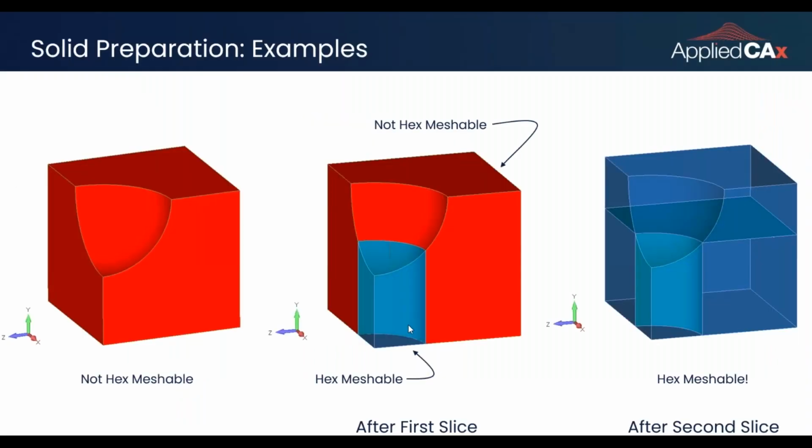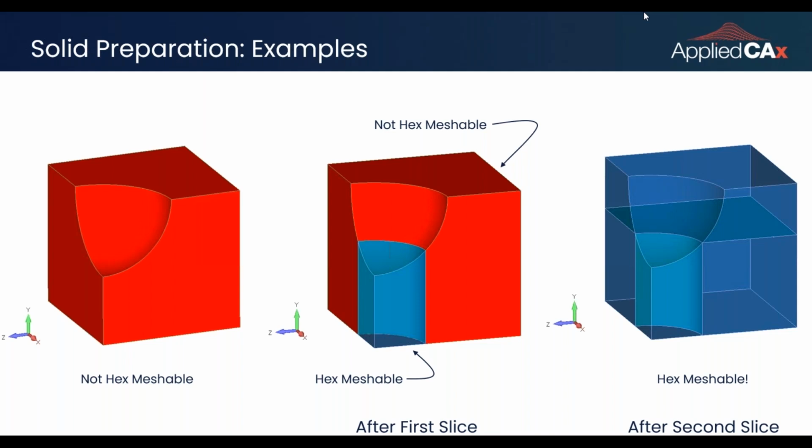So we covered these three solid preparation examples, and we used the various slicing techniques. I think slicing with a plane or slicing with a curve are really efficient ways of creating these hex meshable solids. If you keep those three prerequisites in mind while you're doing this, it's kind of entertaining to look at a complex piece of geometry and say, okay, do I have a top face?